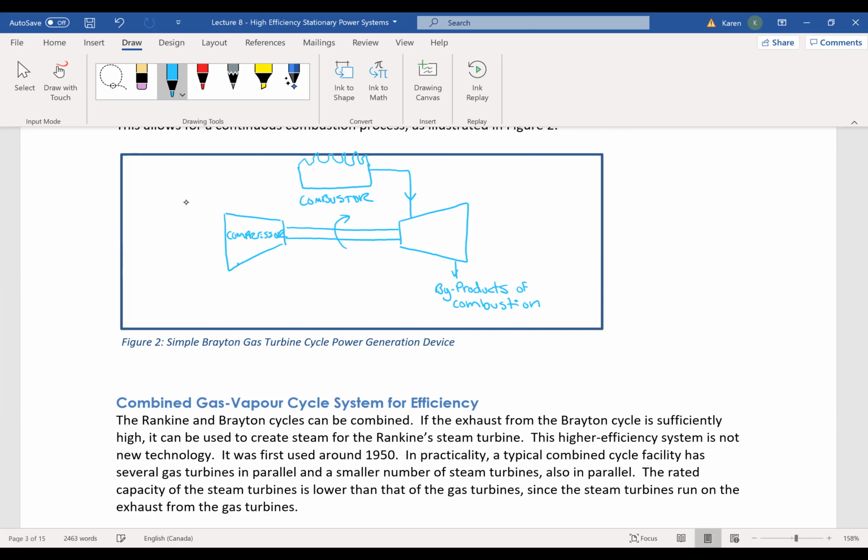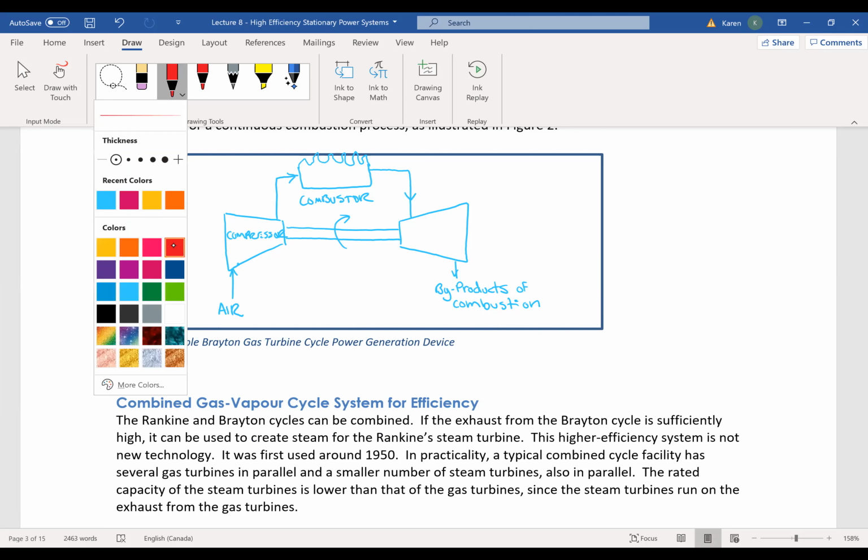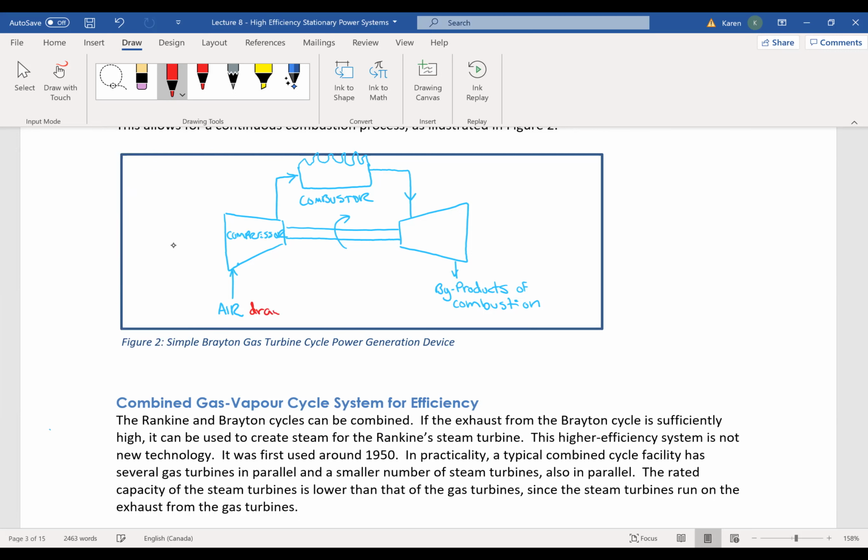So the turbine is attached to a compressor, and air comes in the inlet of the compressor, gets compressed, and goes out. So let's look at some of the inputs and outputs. The air is drawn from atmosphere. So that's okay. What you end up with going in here then is compressed air.